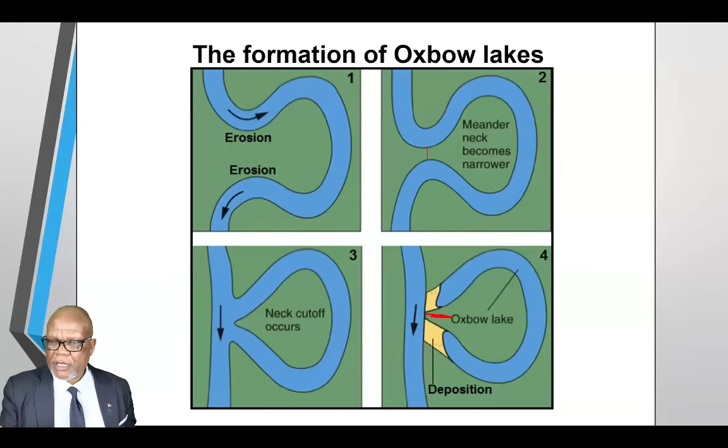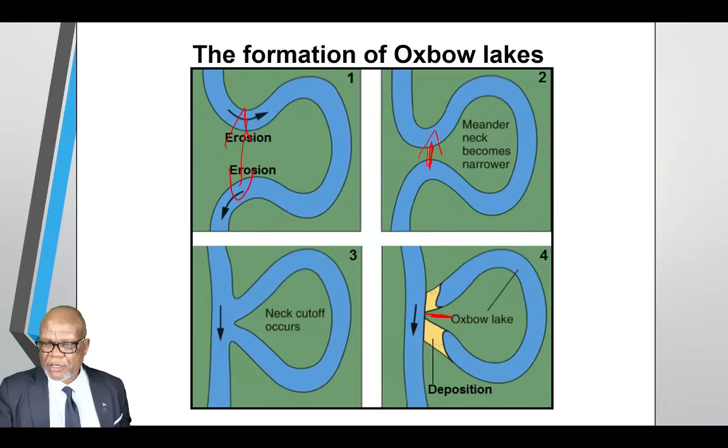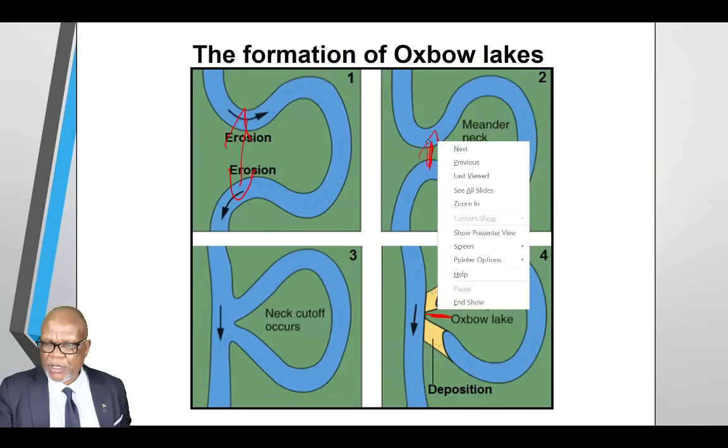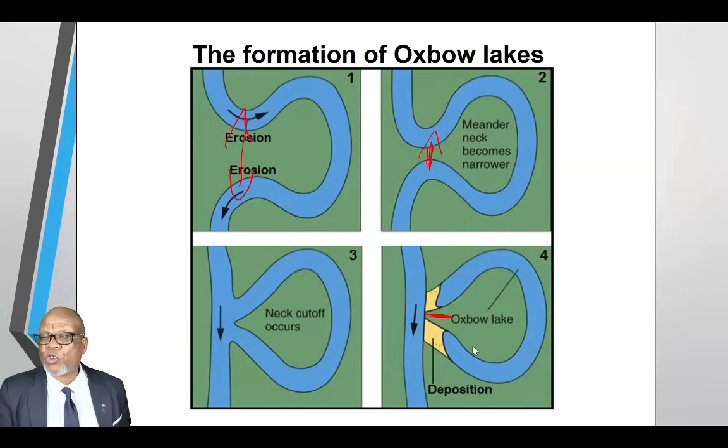This is the meander neck. The meander neck here is wider. At 2, you can see the meander neck is narrowing. It's narrower than at 1. And then here you can see the meander neck has already been cut. Now we have an Oxbow Lake.